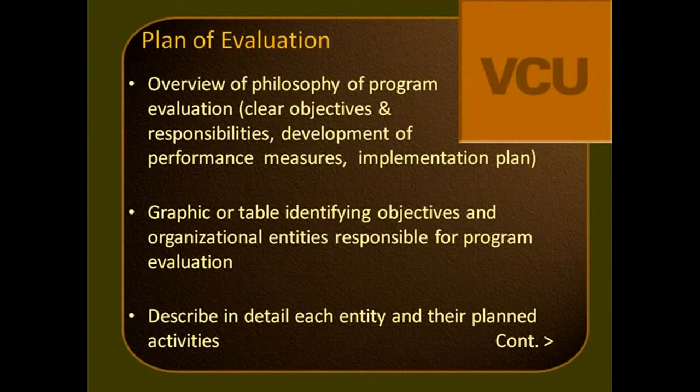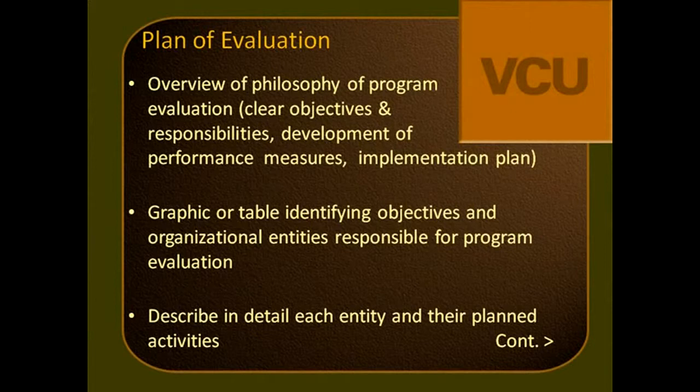So, as you describe each entity and their planned activities, you'll want to highlight, maybe in bullets, the different groups that you've got involved in evaluation, in your plan of evaluation. So, as I mentioned earlier, in the plan of operation, you may want a program evaluator, someone from another department outside your group that would be an objective person to review and monitor your activities.